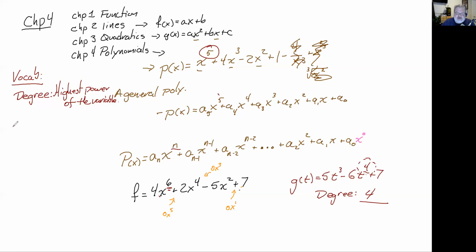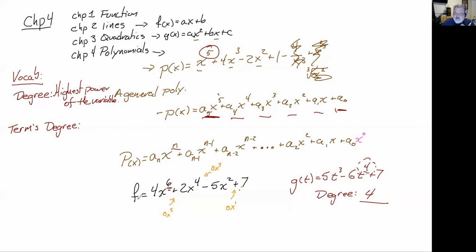Let's see, each term in the polynomial has its own degree. So this is the degree of the polynomial because it is the largest degree, but this is a 4th degree term, a 3rd degree term, a 2nd degree term, a 1st degree term. We could call this a 0th degree term, but we don't tend to. We just generally call it the constant term.